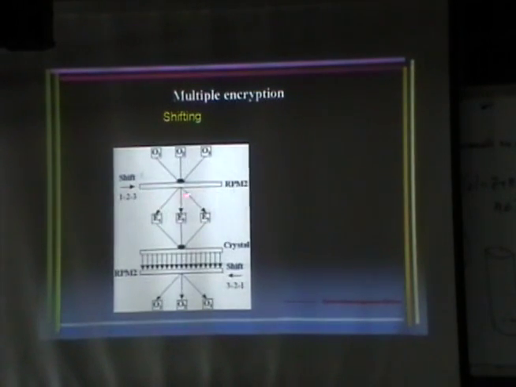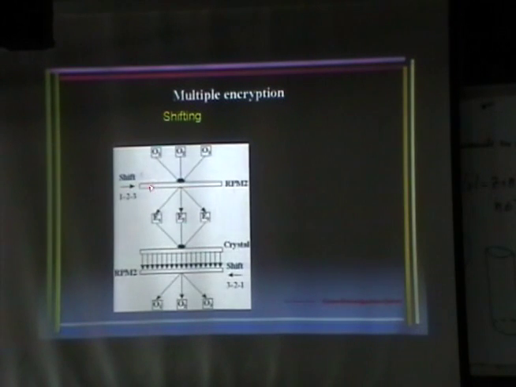Well, for instance, by shifting the key mask. By shifting a few microns, you can obtain equivalent masks and encrypt several inputs. One input, the mask in position 1, encrypted.